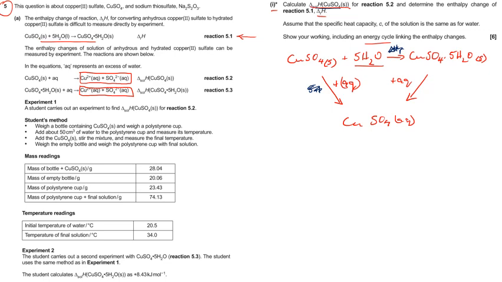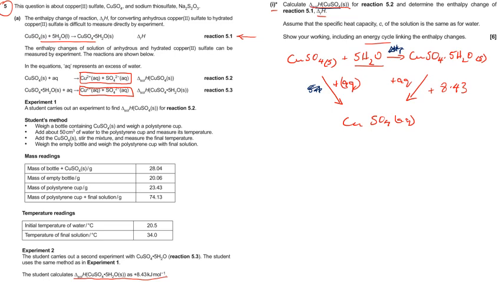So down here at the bottom, we're told that for the other reaction, in experiment 2, the right-hand leg of our triangle as we look at it, this is plus 8.43 kilojoules per mole.